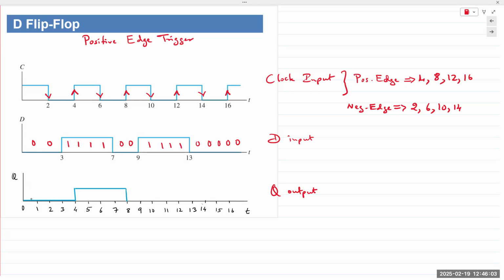Next rising edge is at 12. At 12, the value of D is 1. So then the output goes to 1 at 12 again.